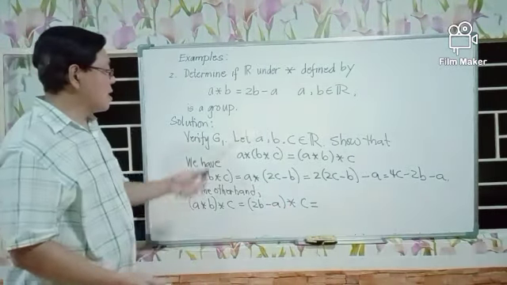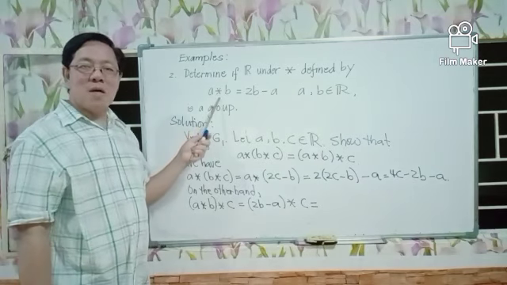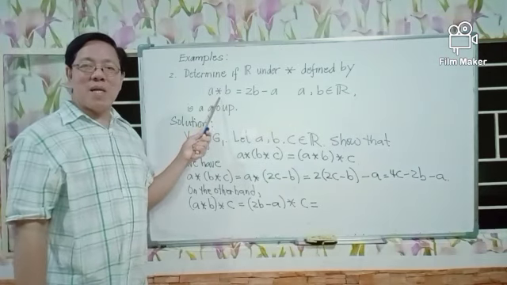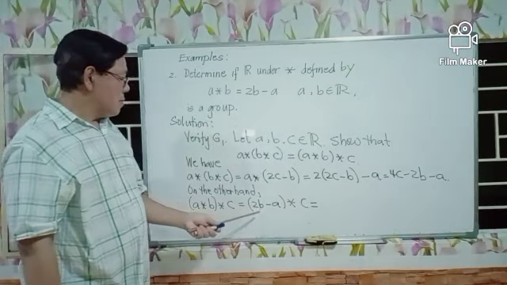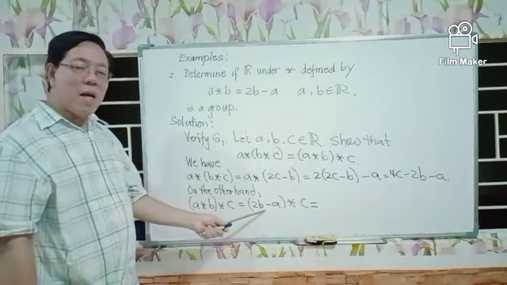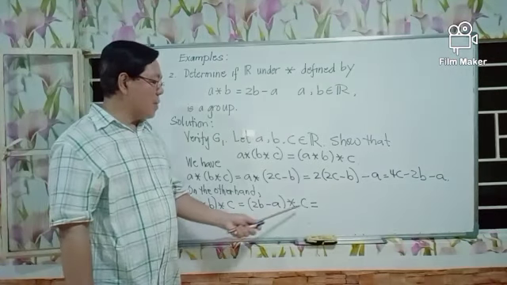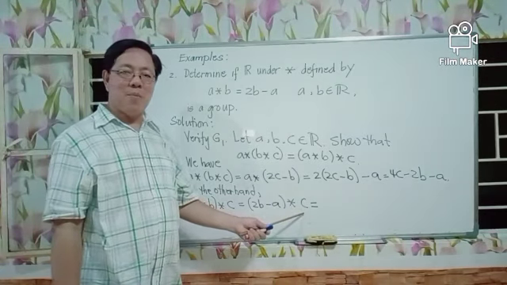And this result 2b minus a, that's now a single real number, we combine with the third real number c. And we apply again this formula that defines the binary operation star in R. This is now 2b minus a is your first real number and c is your second real number.